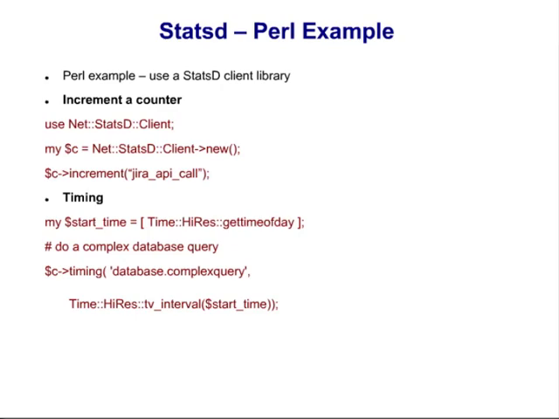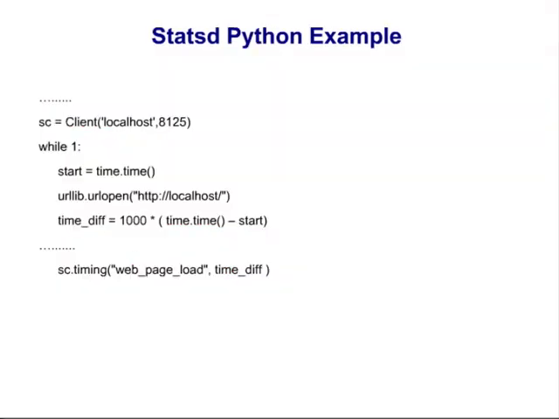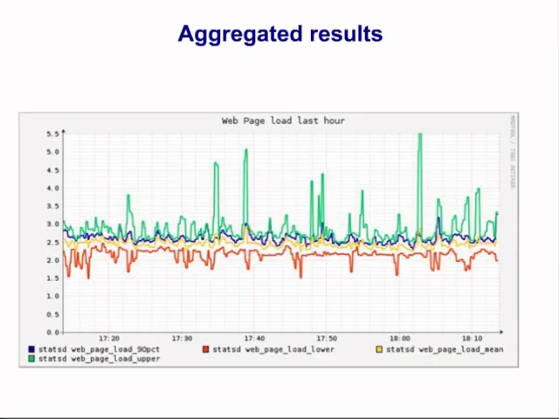And I do have another. This is a Python example I actually wrote to just time how long it takes to connect to localhost. And as a result, I have this nice graph that shows me the upper and lower bounds, what the averages are, and 90th percentile, so that if you track this, you will know when things are quirky.